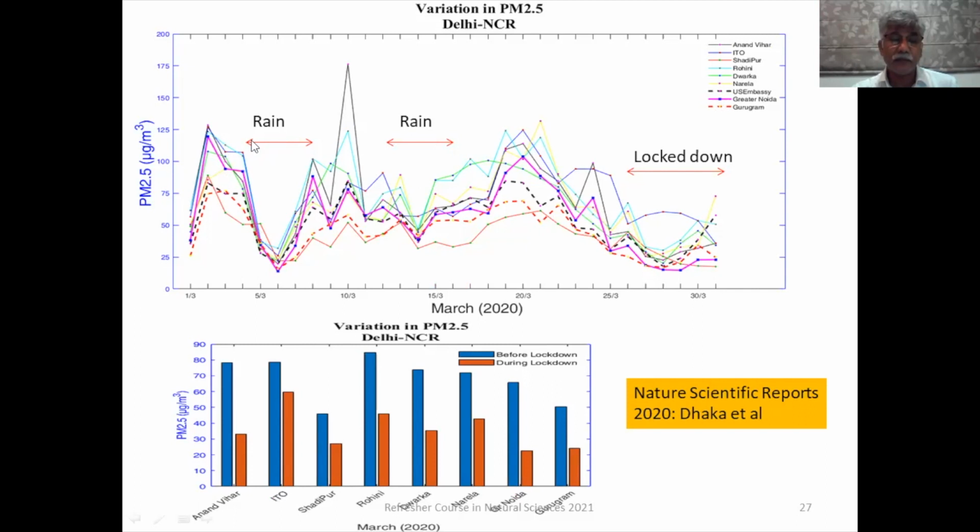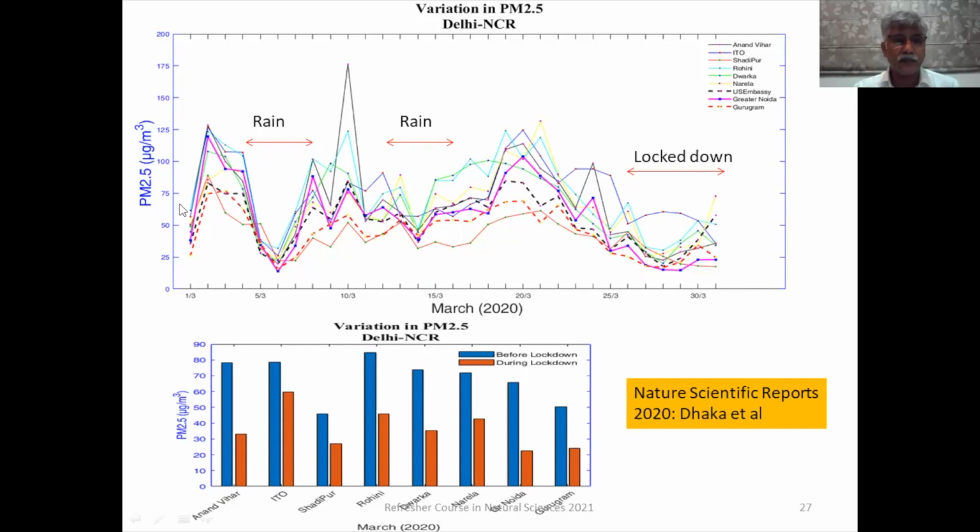And this is the rain impact on PM 2.5. Whenever there is rain, there is a washout effect immediately, and a huge reduction in PM 2.5, which you can see from here: on average it was like 100, 125, but suddenly it reduced to less than 40, less than 30 microgram per meter cube. But the most important and striking feature is this: even in Delhi city, the variability is like 100%.